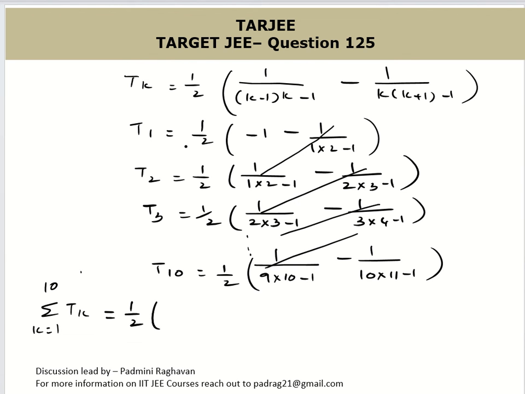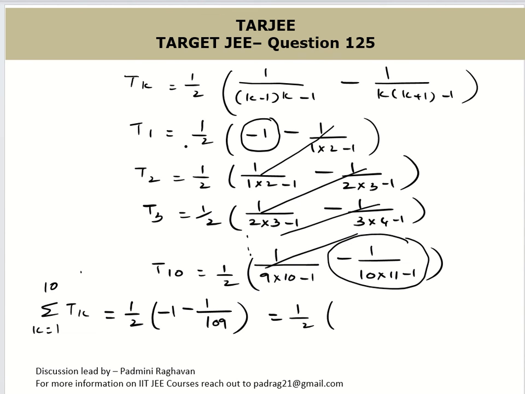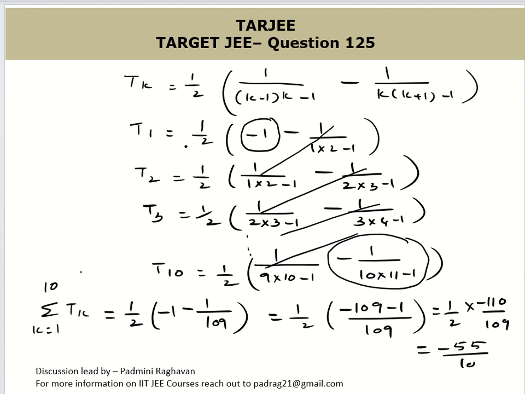So half into, you are left with the left hand topmost term, which is minus 1, and you are also left with the right hand bottommost term, which is minus 1 by (10 into 11 is 110, minus 1) 109. If you take LCM, this gives half into (minus 109 minus 1) divided by 109, which is 1 by 2 into minus 110 by 109, which when simplified will give you minus 55 divided by 109.